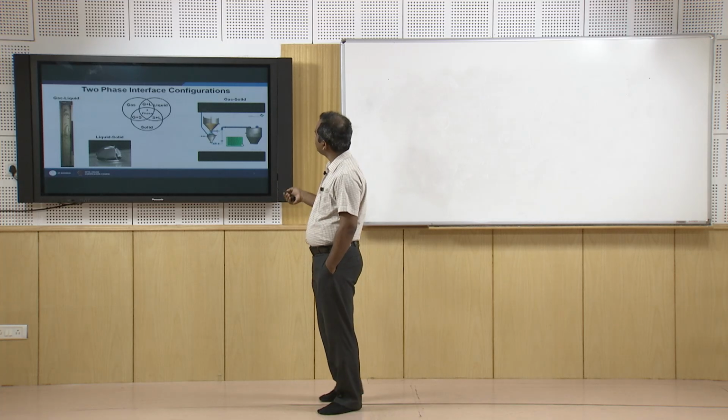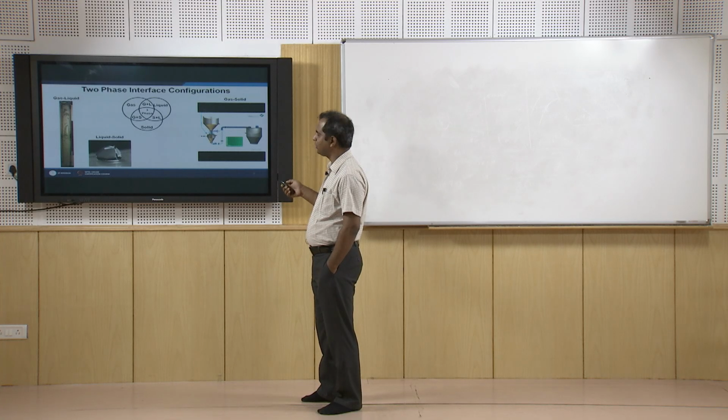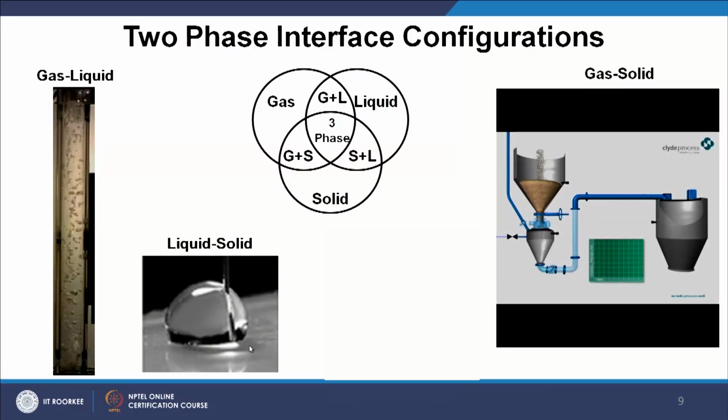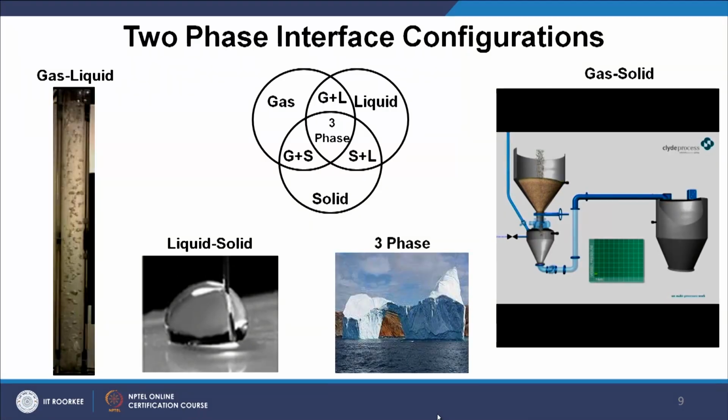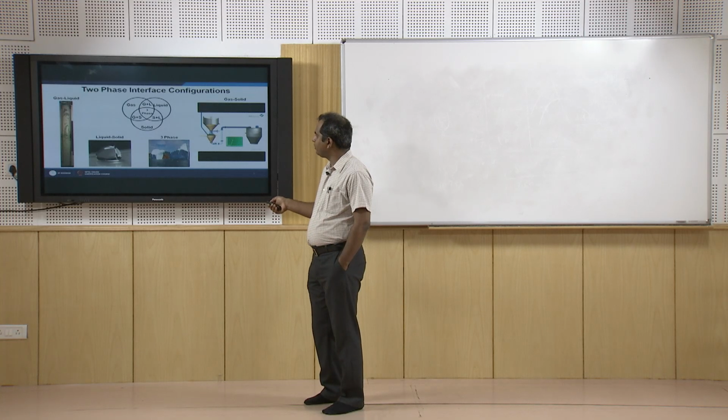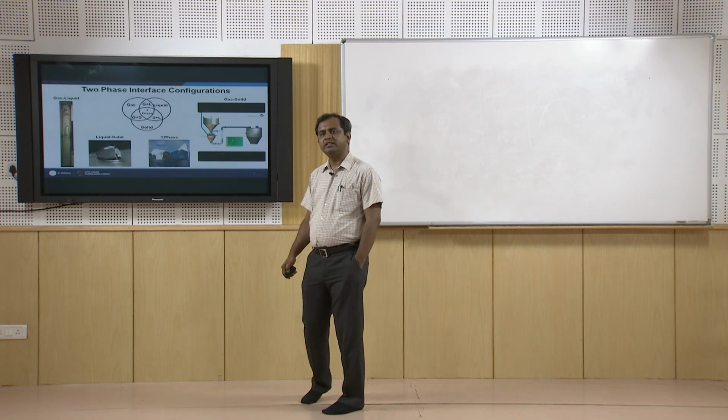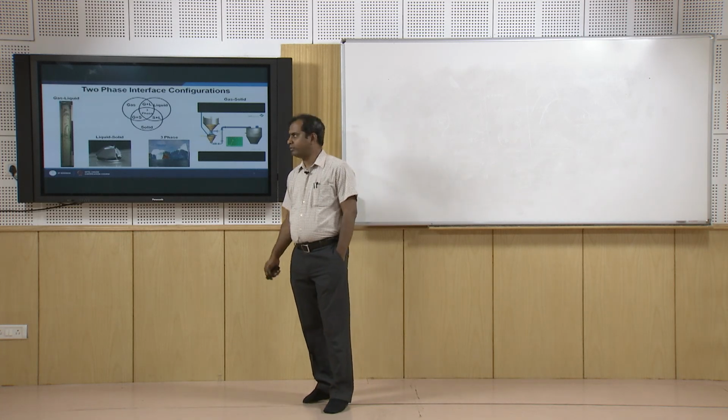Another one, here I have shown gas and solid. You can see these are solid particles which are coming inside, and here we are having association between gas and solid. So, this is a typical example of gas and solid two phase flow. We are also having examples of three phase flow over here where you can see solid ice, liquid water and air in the vicinity. So, this is a typical example of three phase flow.